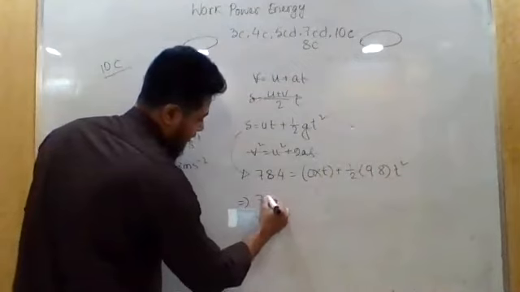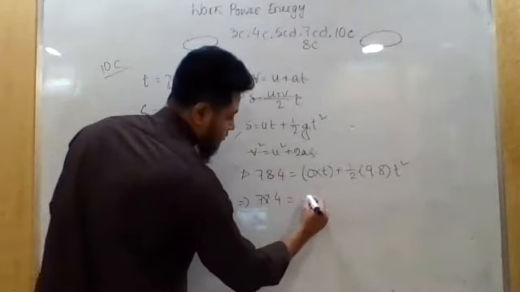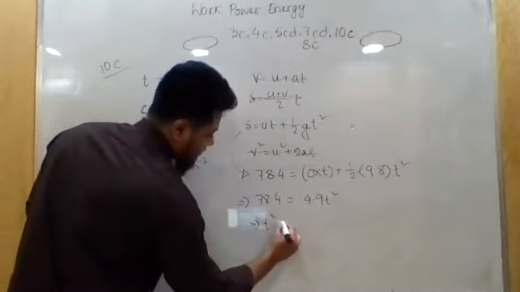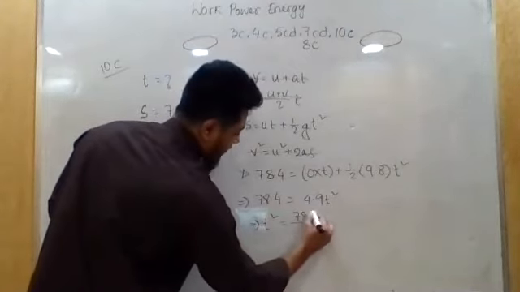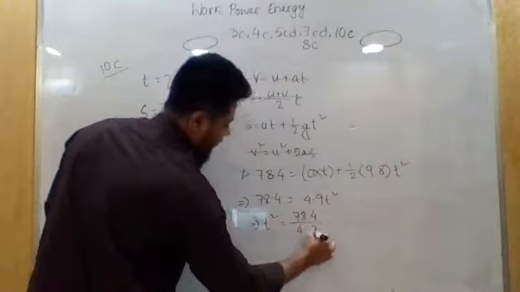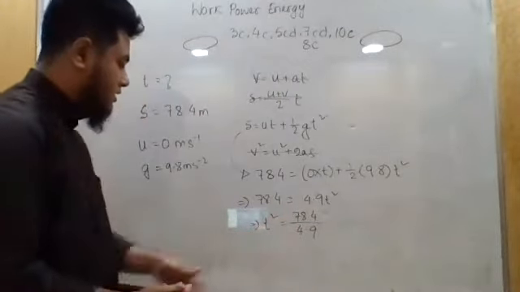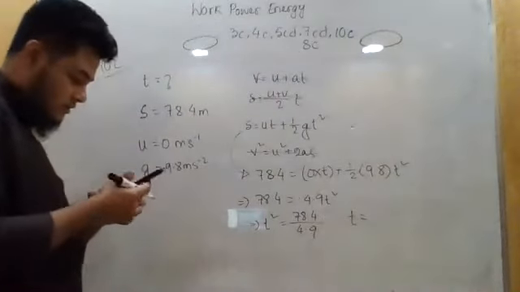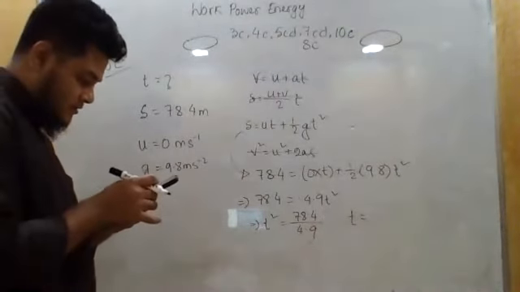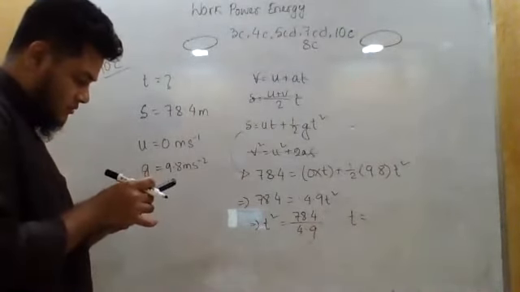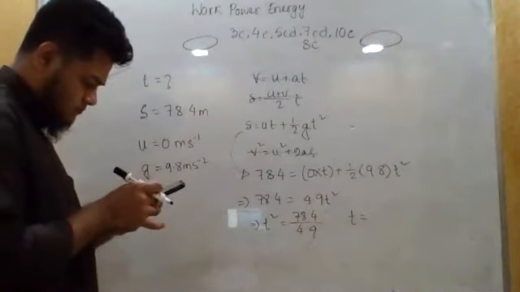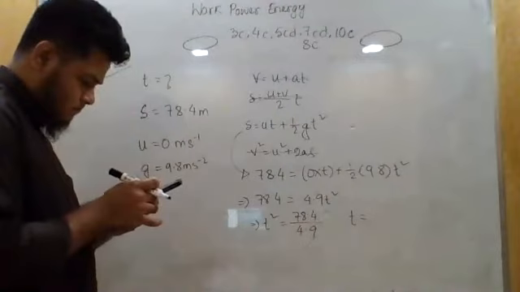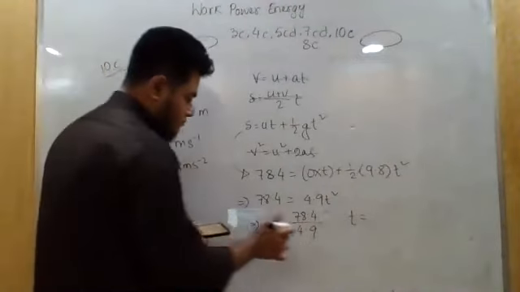So 78.4 is equal to 4.9 t square. t square will be equal to 78.4 divided by 4.9. So do the calculation and find the value of t. I can see that the answer is 4 seconds.